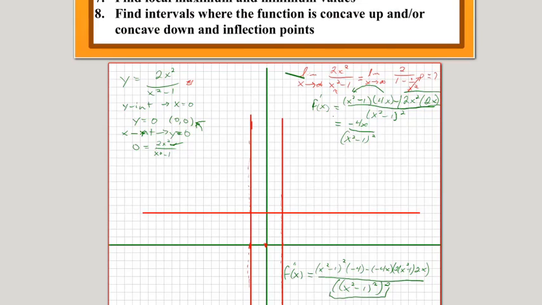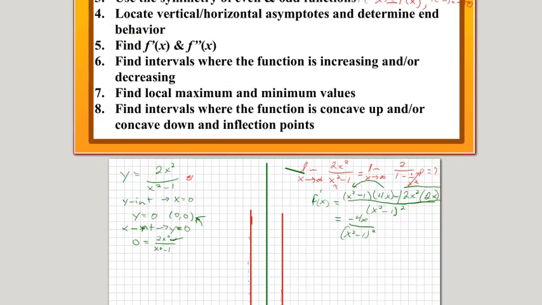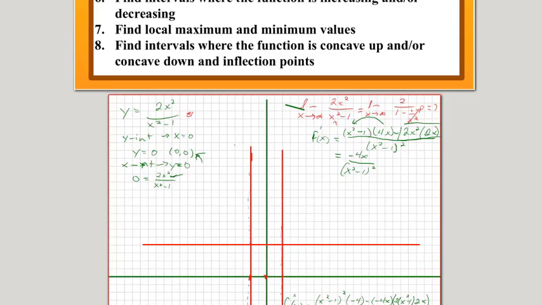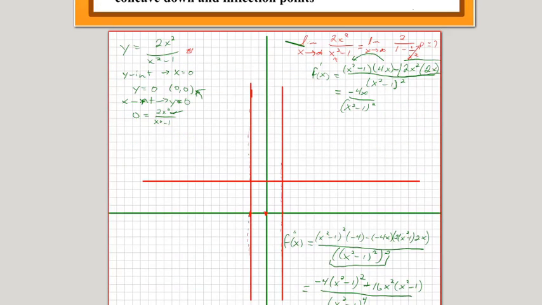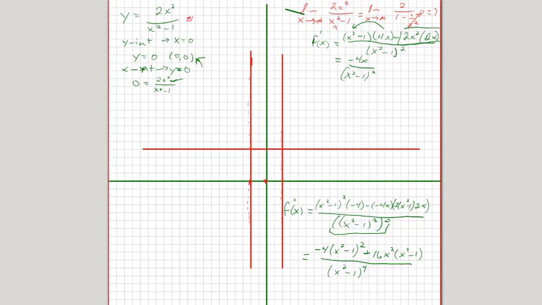Okay, so now what do we do with all that? Well, we can figure out where the intervals of increase and decrease are based on the first derivative. So where's the first derivative 0? That's going to be when x is 0. A critical point is where my first derivative is 0 and where it's undefined.